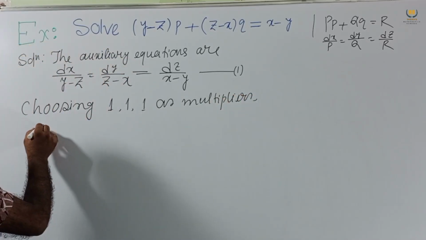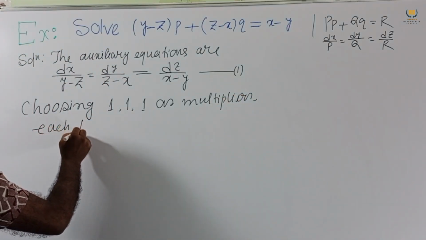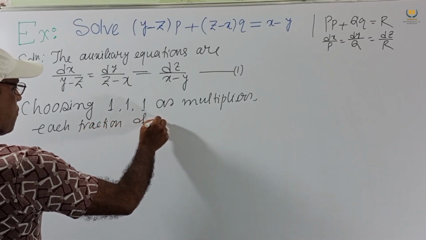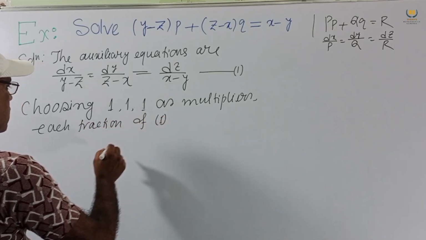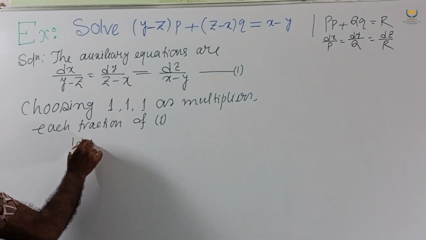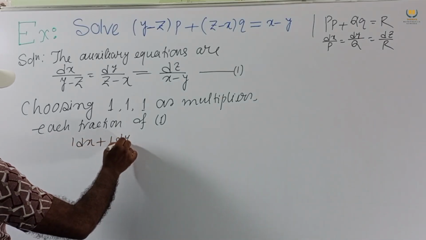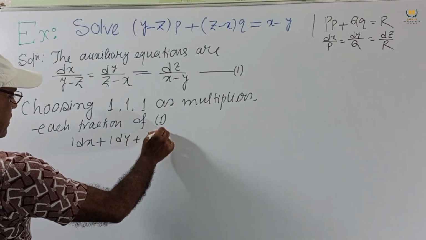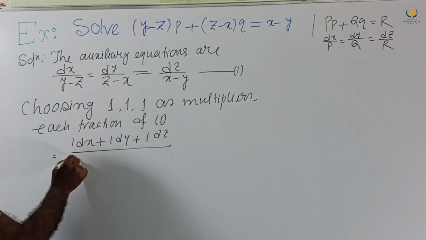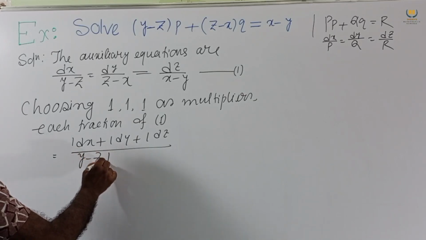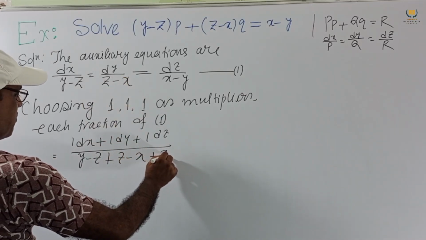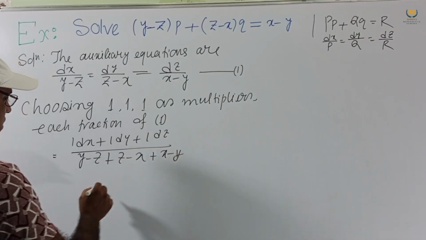each fraction is equal to (1 dx + 1 dy + 1 dz) divided by, multiplying by 1, (y − z), multiplying by 1, (z − x), multiplying by 1, (x − y).